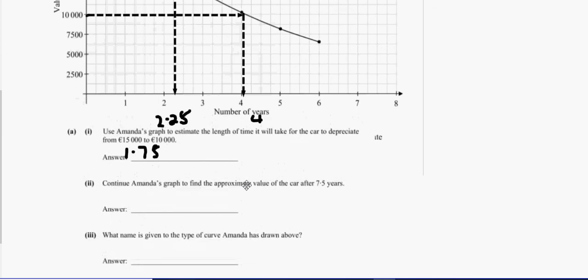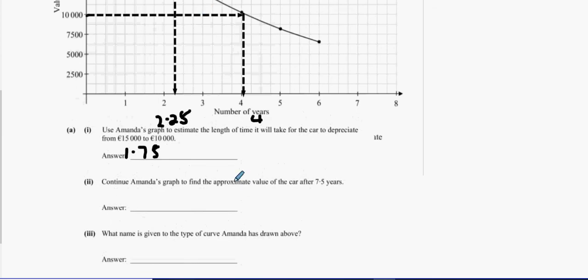Alright, all good. Now, continue Amanda's graph to find the approximate value after 7.5 years. Okay, what would happen if I did this? What way is it bending? Is it going downwards or is it starting to level out a bit? Yeah. So what you're looking at here, guys, is leveling it out. You're looking at just smoothing out the curve slightly.